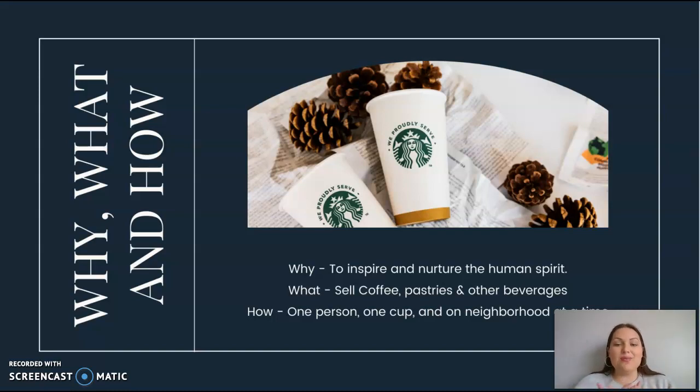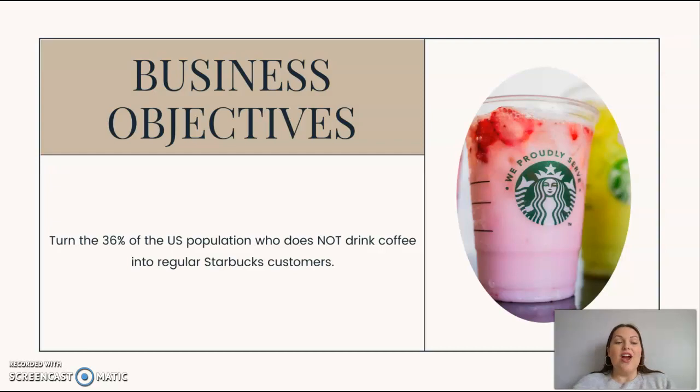How we're going to do that is one person, one cup, and one neighborhood at a time. That is the core of who we are as Starbucks, and this gives us such a great focus for our content strategy.